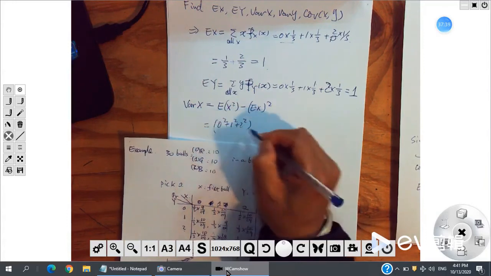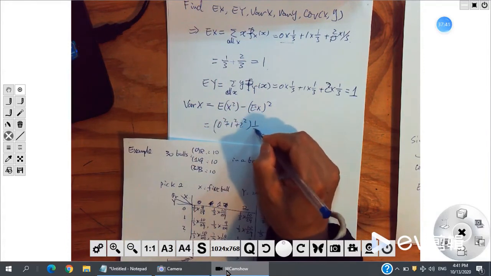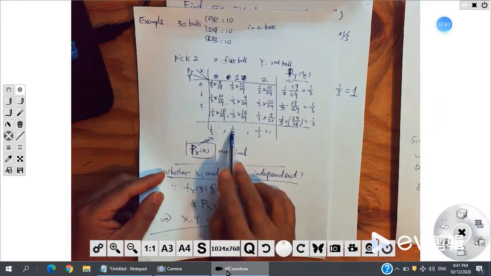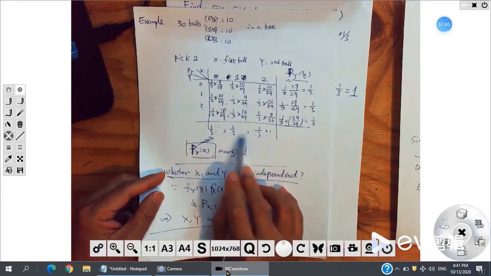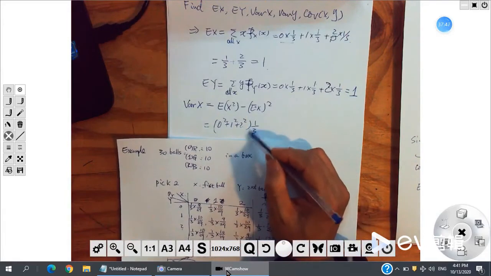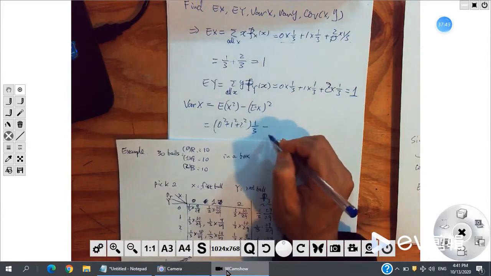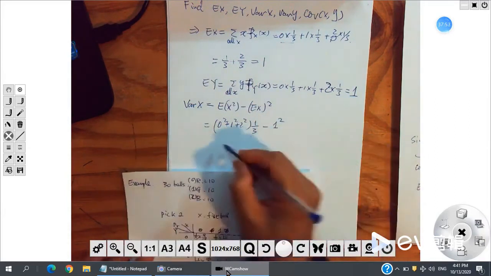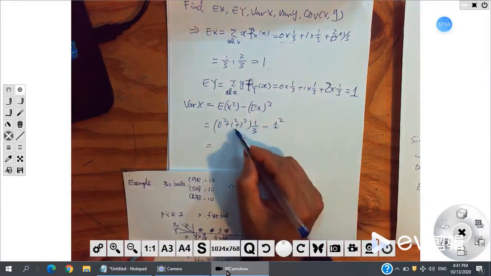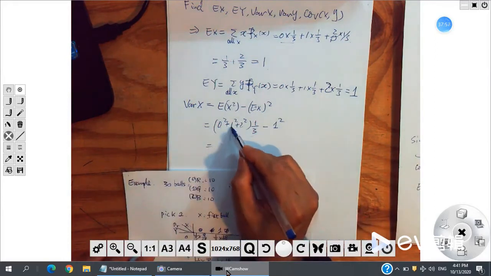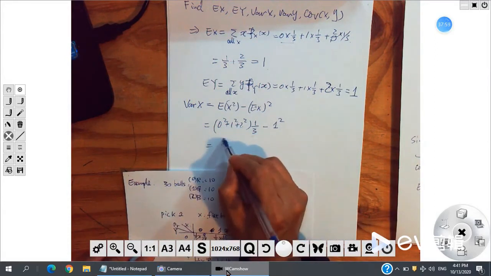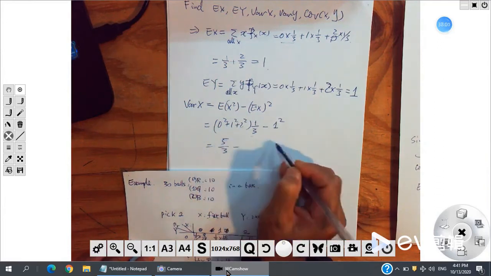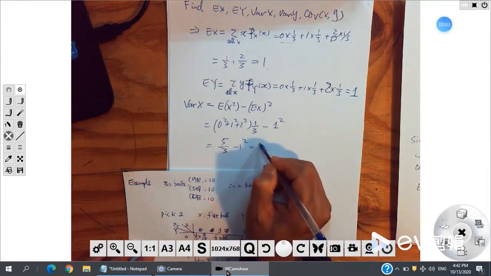The probabilities are all 1/3, so I can put them together: 1/3, and minus EX, which is 1, squared. So this is 0 plus 1 plus 4, so it's 5/3 minus 1 squared. Okay, it is 2/3.